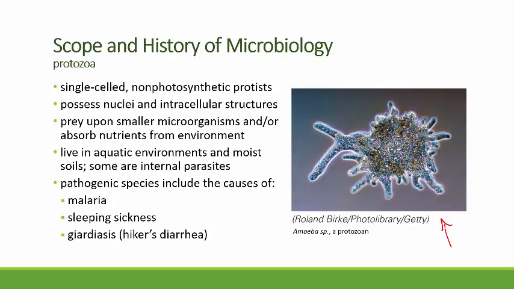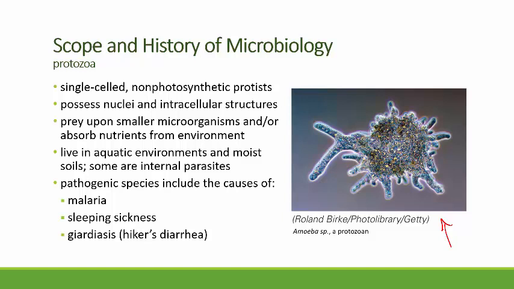They are eukaryotic as well, meaning that they possess nuclei and membranous intracellular structures. And they tend to prey on smaller microorganisms in the watery environments and moist soils that they live in, or they're capable of absorbing nutrients from the fluids in their environment.